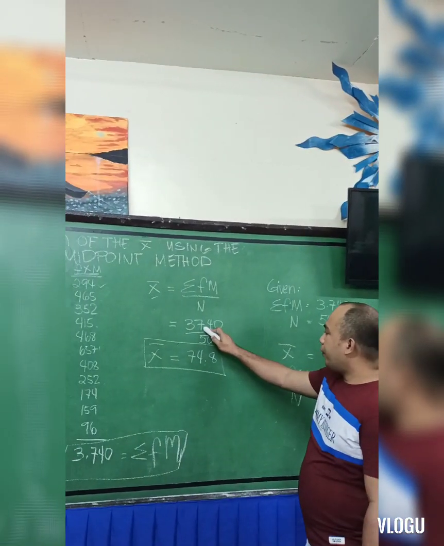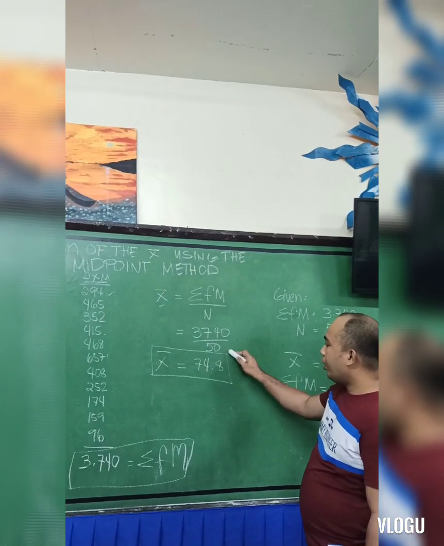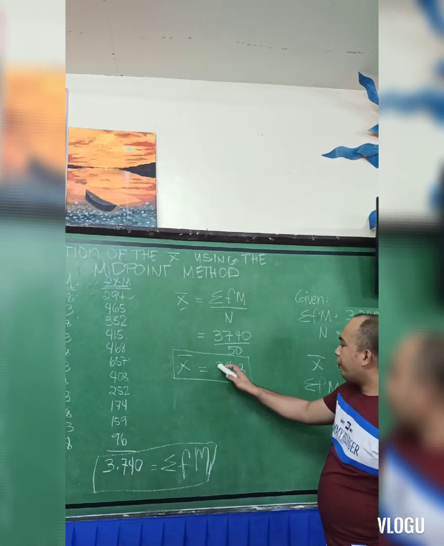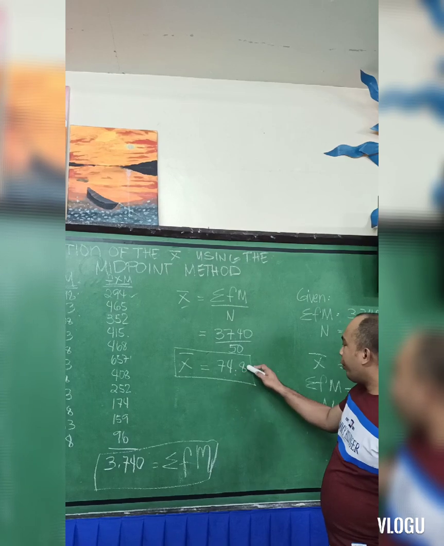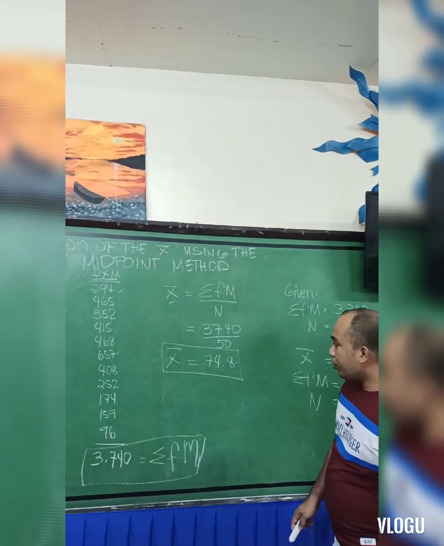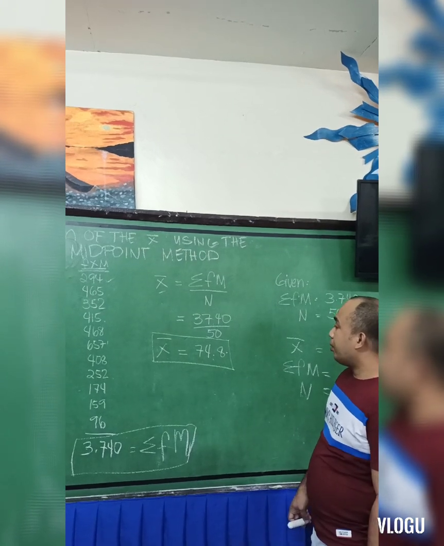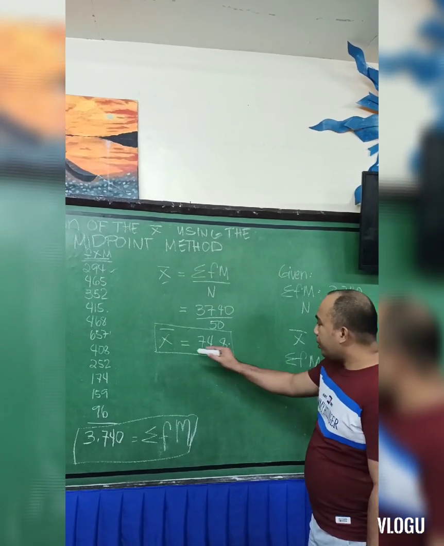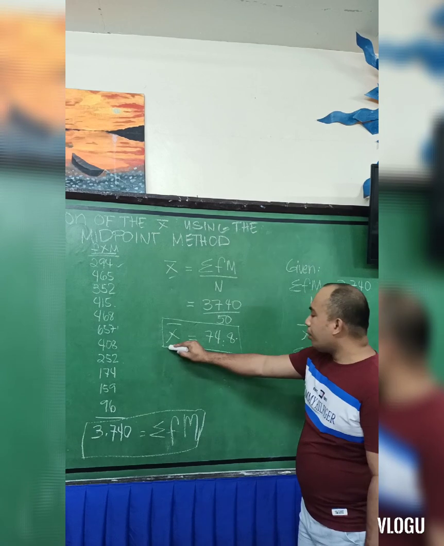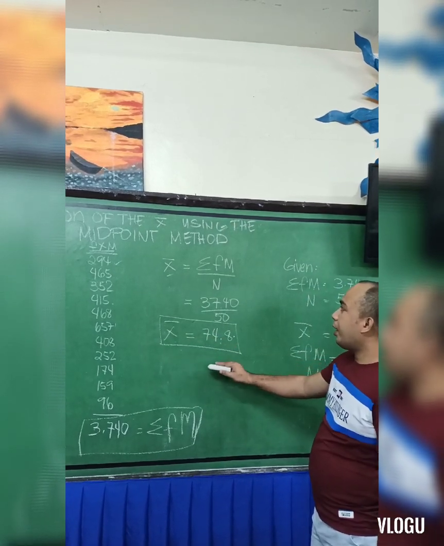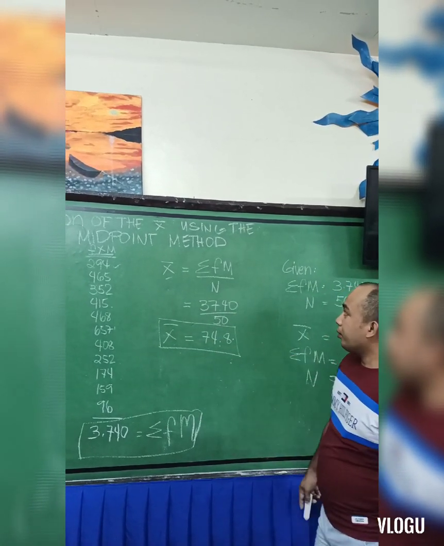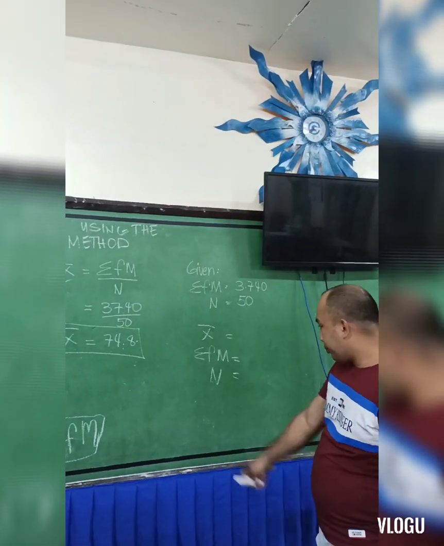So 3,740 divided by 50, we have the arithmetic mean of 74.8. This is the arithmetic mean using the midpoint method.